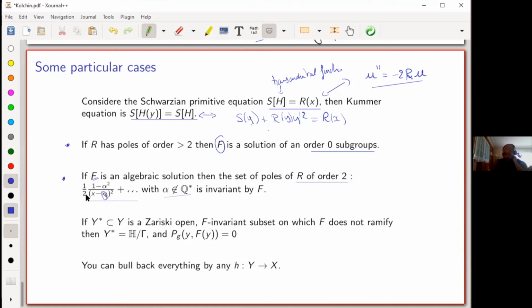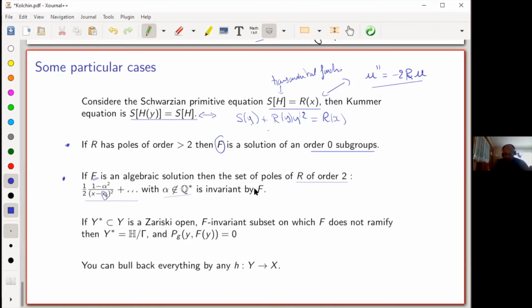And when you compose something that has infinite order with an algebraic map, you also get monodromy of infinite order. So when you compose your solution H with F, you get another solution, but the points with infinite order monodromy cannot move. Or they can be permuted, but they cannot be sent to another point.